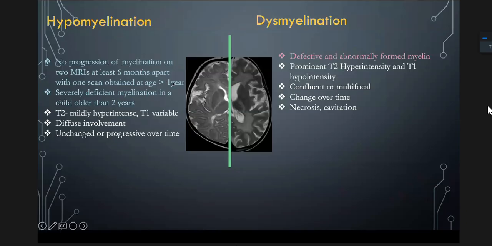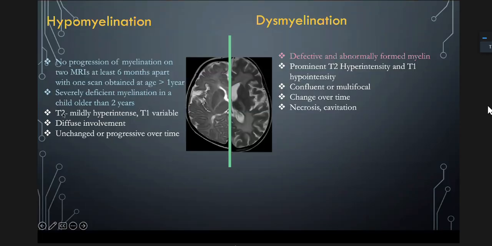But ideally, to be very sure, we scan after 6 months, just to note for the progression of myelin or not, because a lot of times there can be some perinatal insult which can result in delayed myelination, and the child can be better as the age grows.